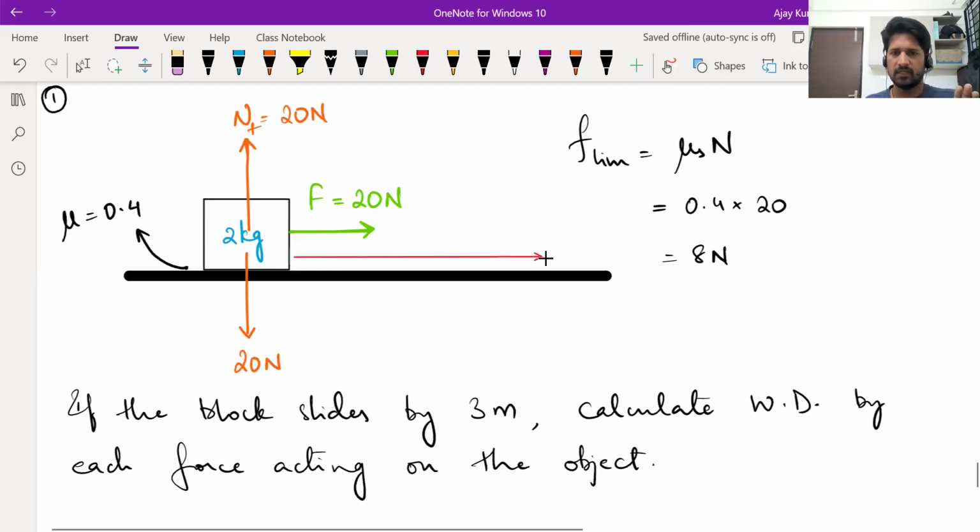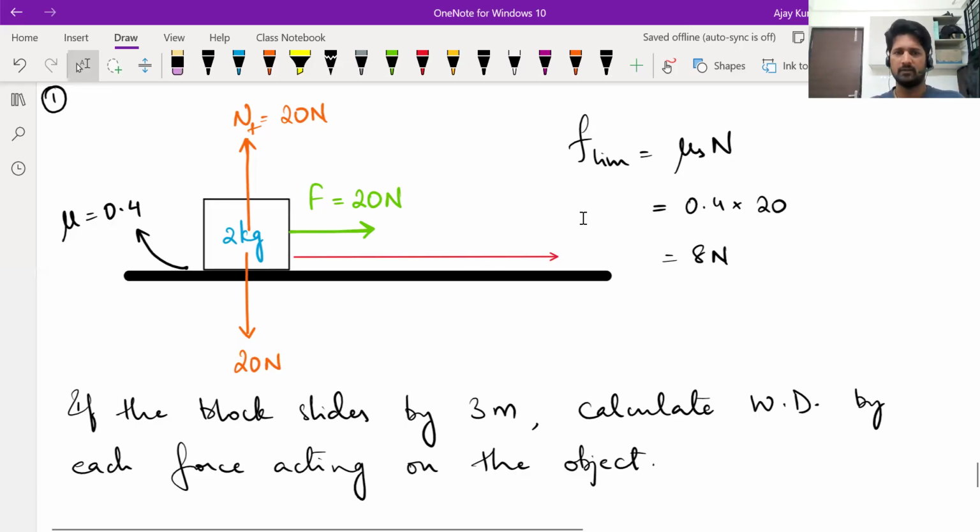Listen, all of you, there are some things you need to keep in mind while calculating work. Basically, the formula involves dot product, and the general formula is integral F dot ds. If the force is constant, you can use the simplified version F dot s. So think for yourself whether the force whose work you are trying to calculate is going to remain constant throughout the journey or not. If it remains constant, then you can use the simple formula F dot s.